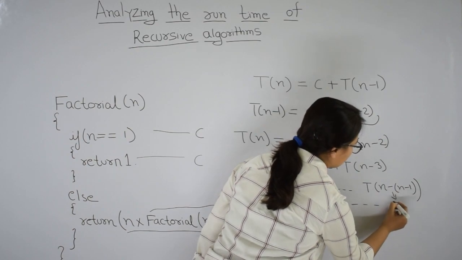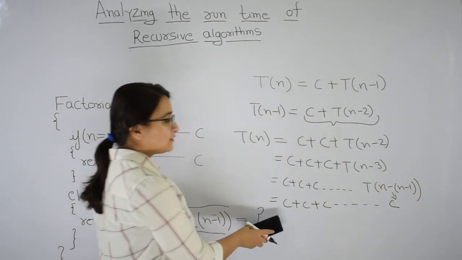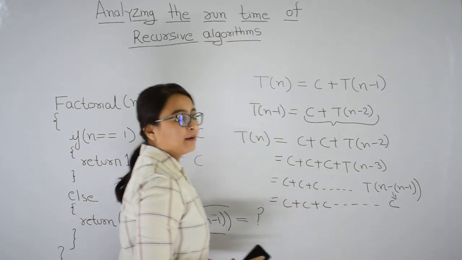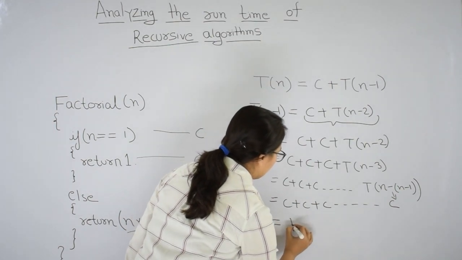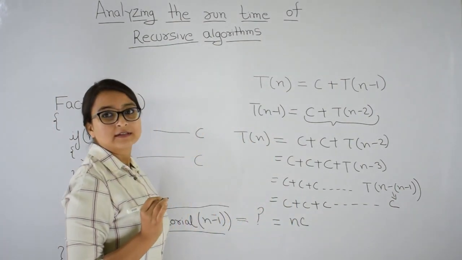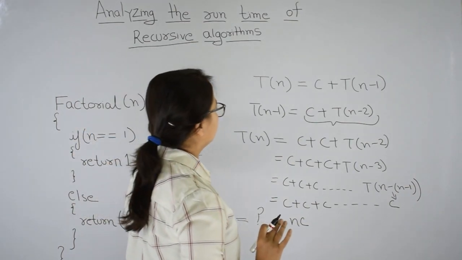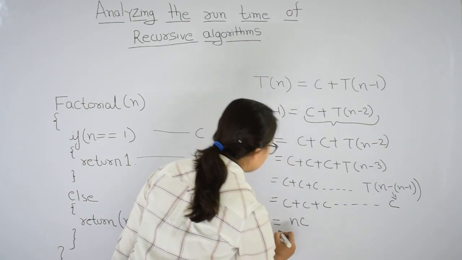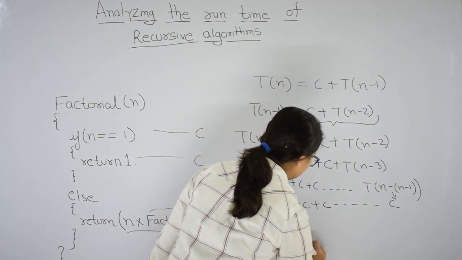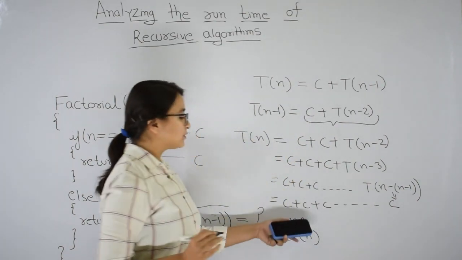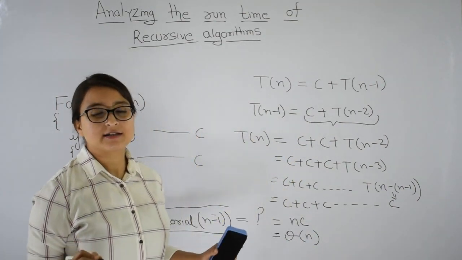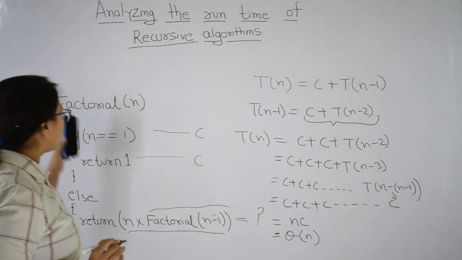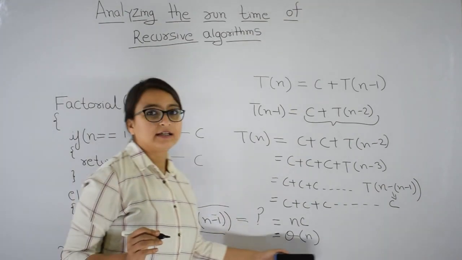How many times will this c be added? It will be n times c. So you can say that the runtime complexity of this one is theta n, because we tend to ignore the constant c in our asymptotic analysis. So we can say that the runtime complexity of this recursive algorithm factorial is theta n.